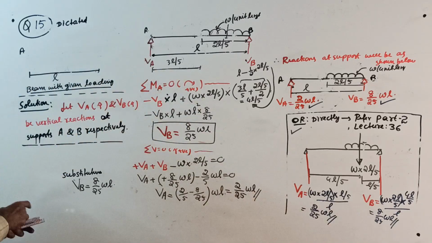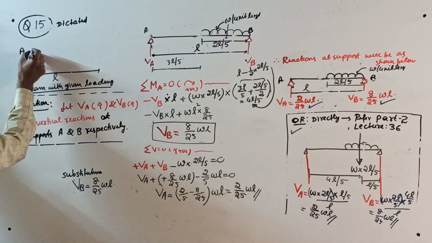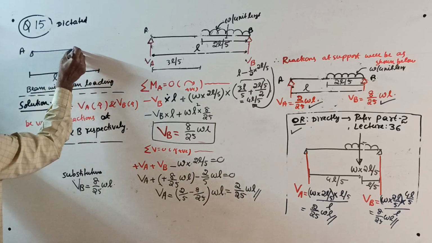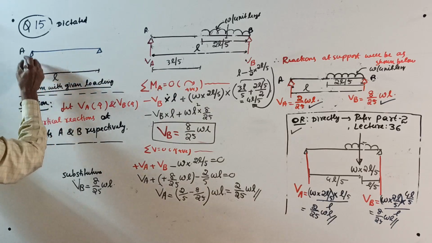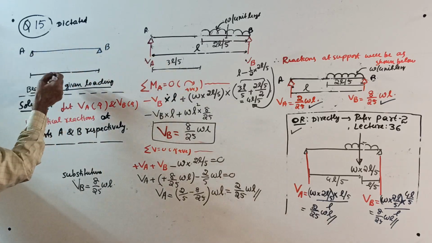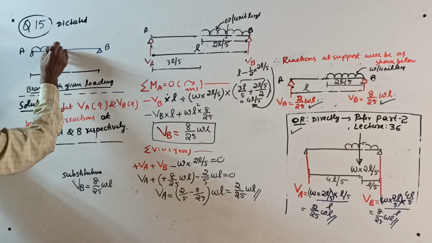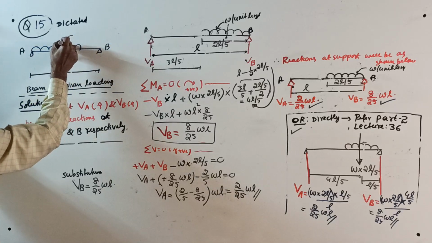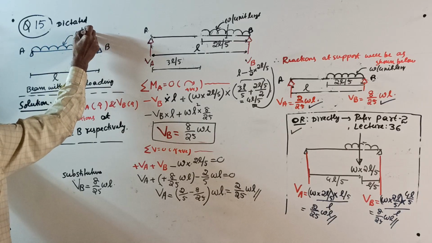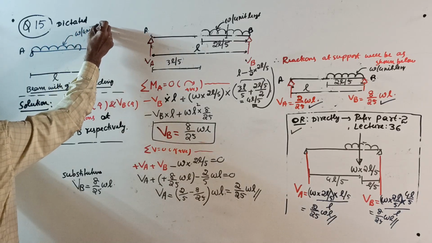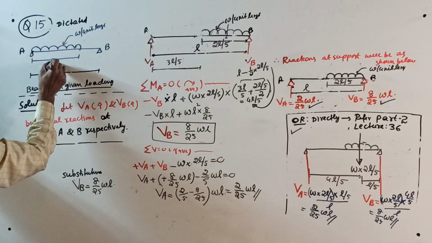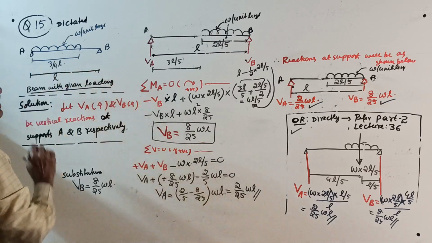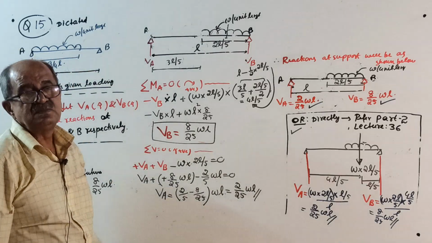A simply supported beam of span L, oh, color changed here. Okay, span L, AB, I will call AB, is loaded by a UDL of intensity W per unit length for a length of 3/4 of L from the left end.